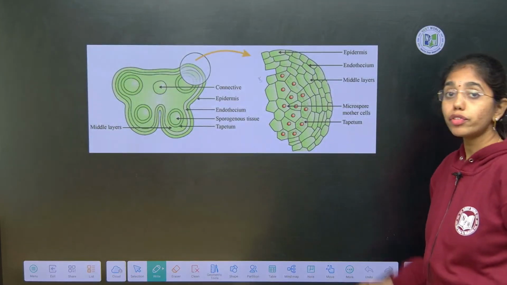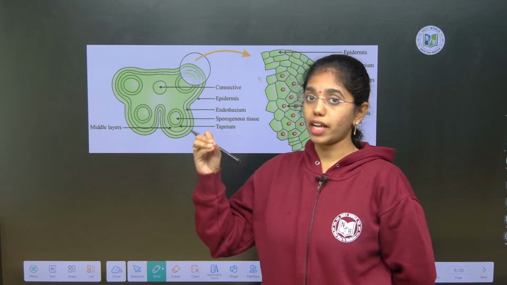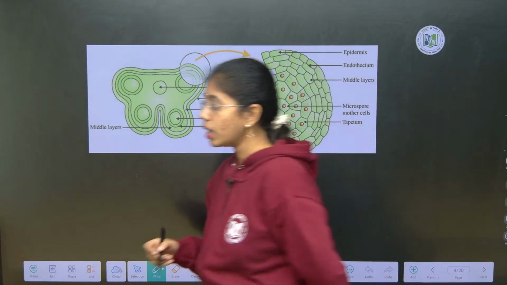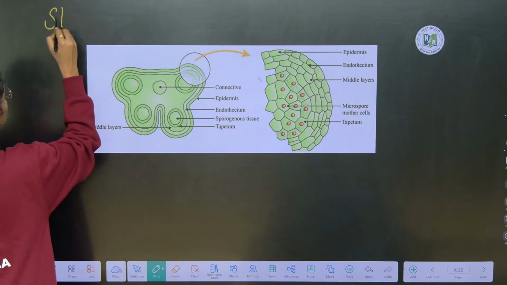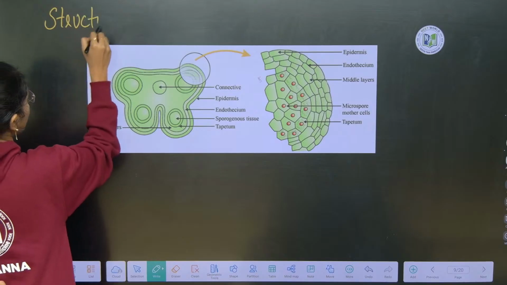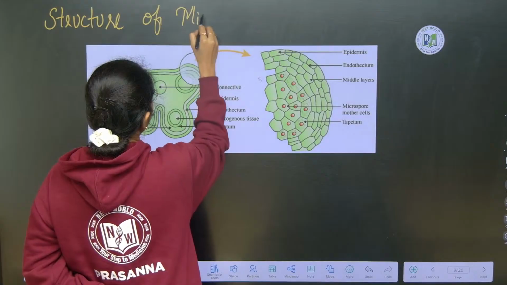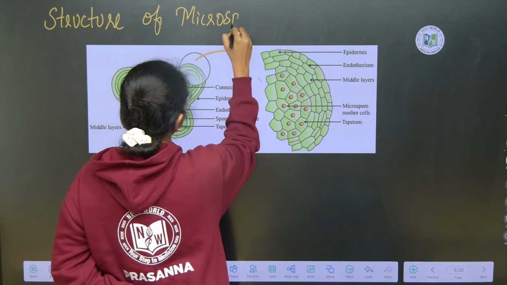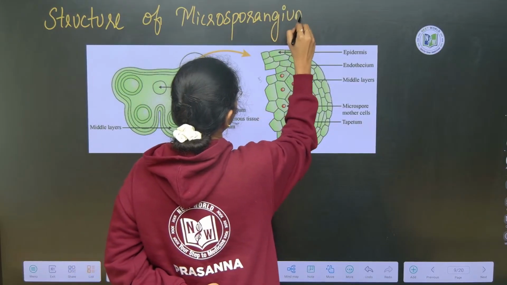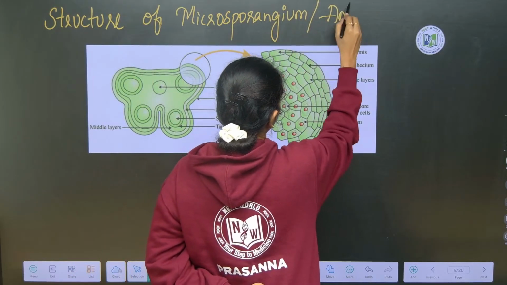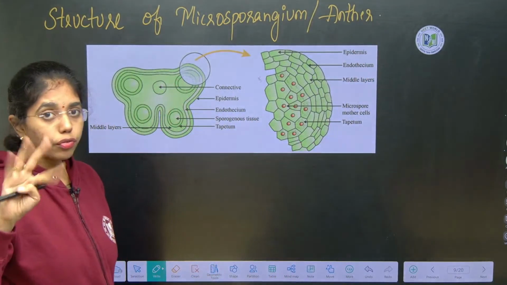Now, we have to learn elaborately the structure of microsporangium or anther. Take down, beta: structure of microsporangium or anther. Here we go. Anther will have 4 wall layers.